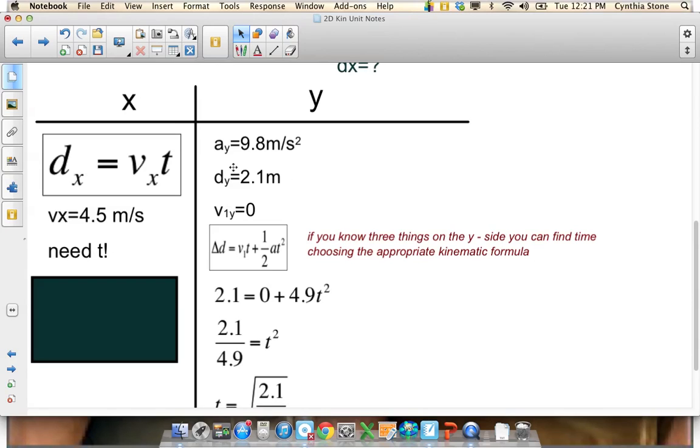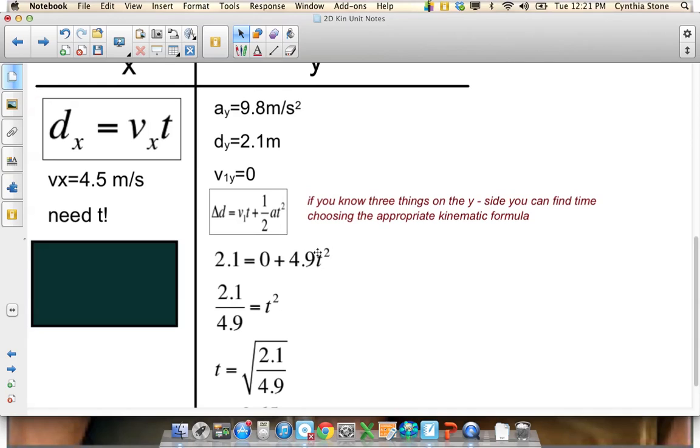On the y side though, I know my acceleration, it's positive because I said down was positive. I know my dy, again positive because it's moving downward and down is positive. Has no initial y velocity. And the idea is if I know three things, which I do, I can find the fourth. And the fourth I'm looking for is time. So just going through the rearranging process, right? V1 is 0, so this whole term is 0, right?